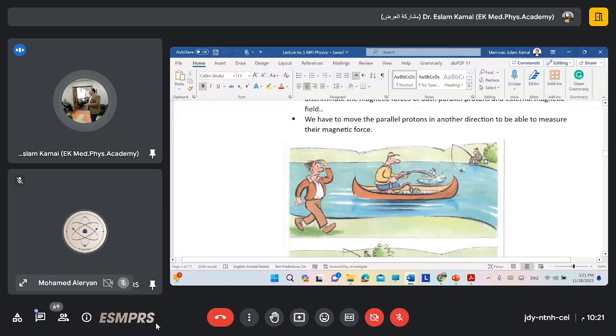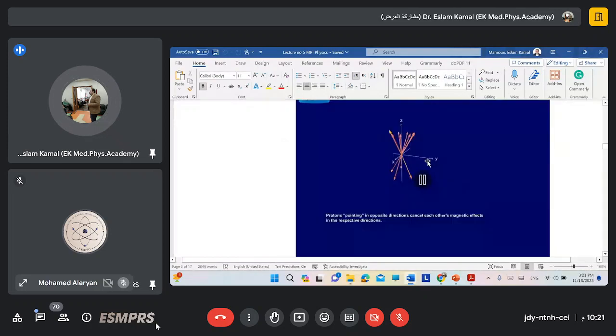So now we have to excite, or give a certain energy to the magnetic force of the protons to change its direction from the z direction to the xy direction, to be able to receive or differentiate the electric signal induced by the magnetic force of these protons. Is it clear for everyone?